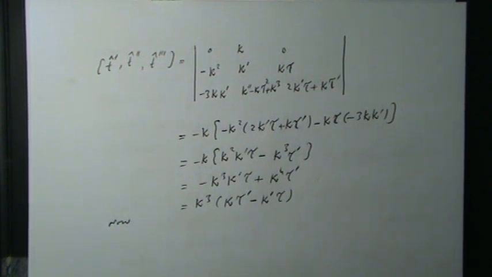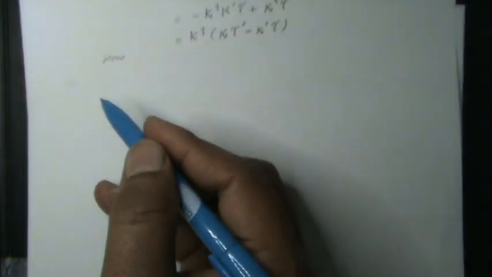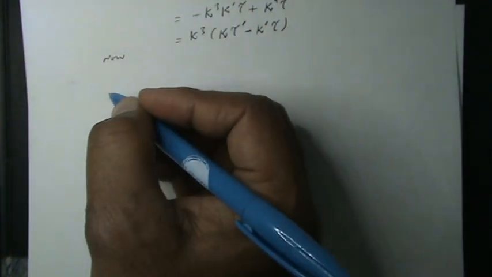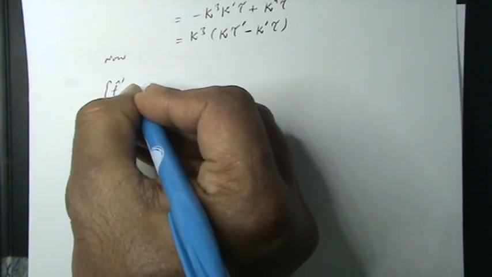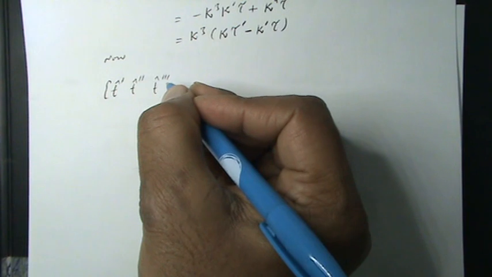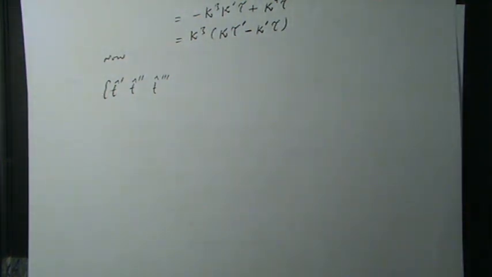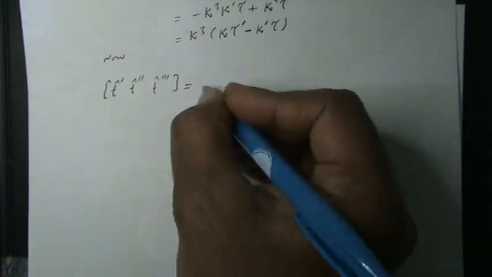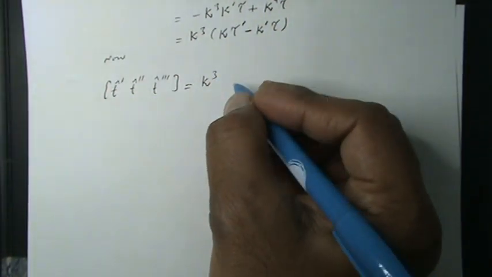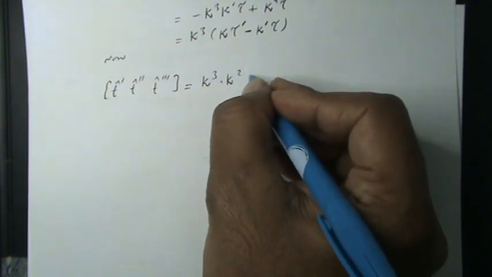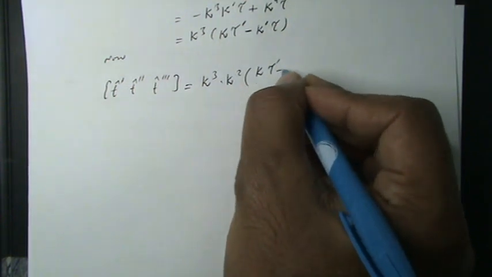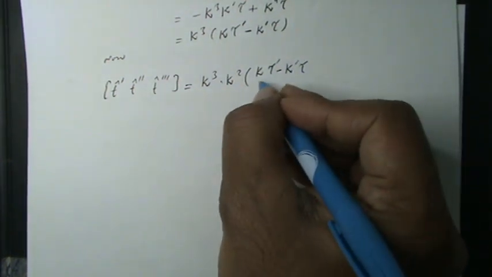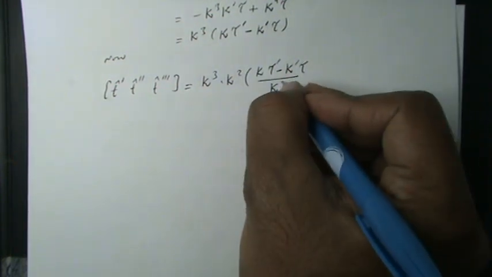We can also write it t unit vector dash, double derivative, third derivative equal to kappa 3 into kappa square, kappa tau derivative minus kappa dash tau over kappa square.